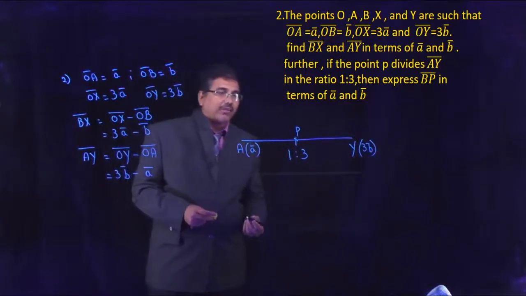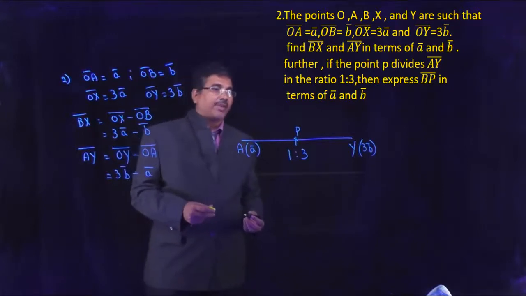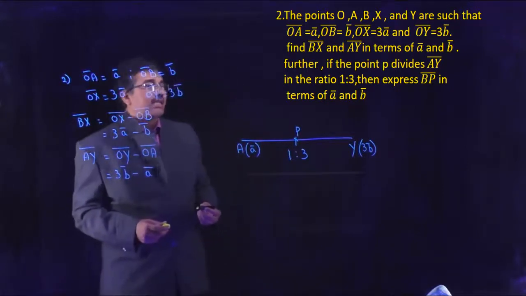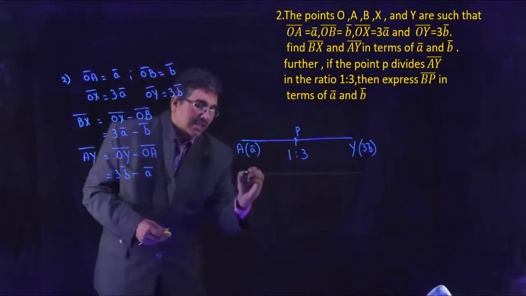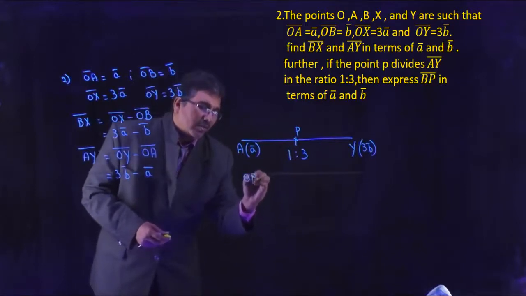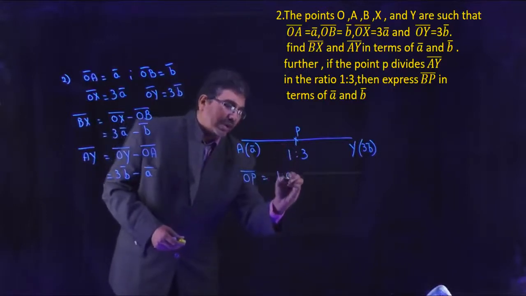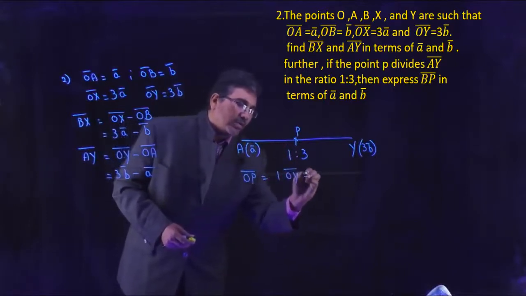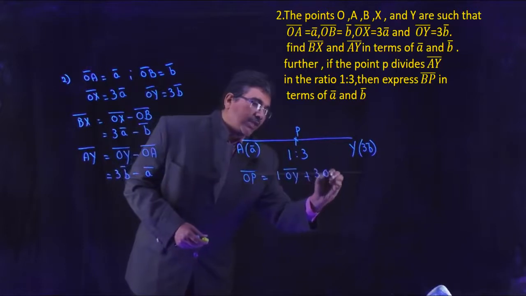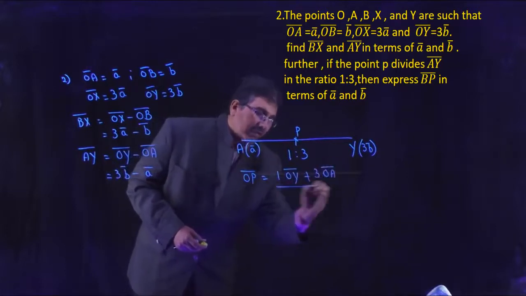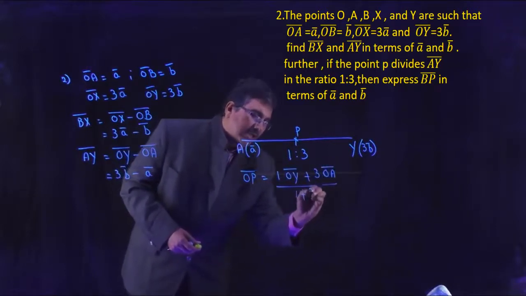Now the position vector of P is, by using the section formula, OP bar is equal to 1 into OY bar plus 3 into OA bar divided by 1 plus 3.